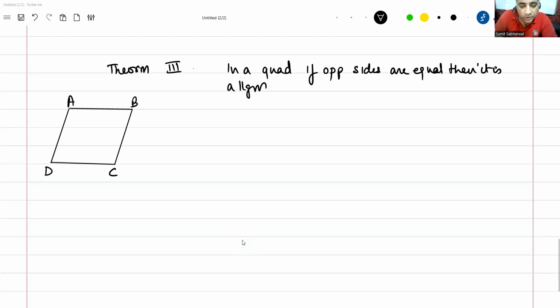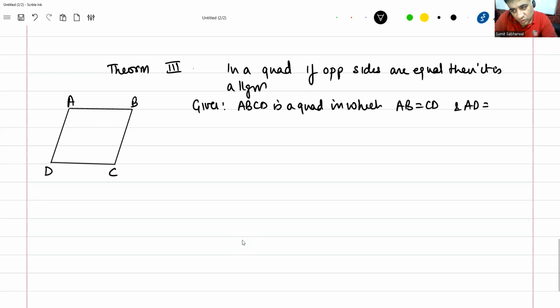Now, let's head towards the third theorem. It says in a quadrilateral, if opposite sides are equal, then it is a parallelogram. So, what is given? Given is that ABCD is a quadrilateral in which AB is equal to CD and AD is equal to BC. And we have to prove that ABCD is a parallelogram.